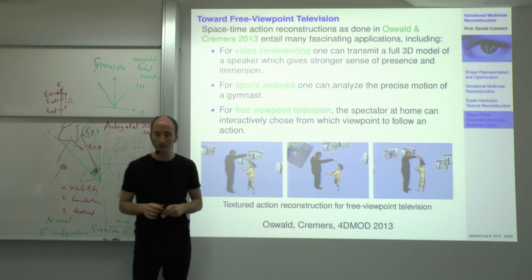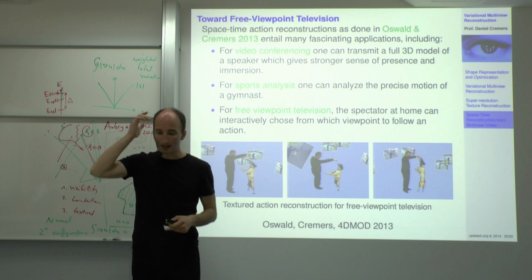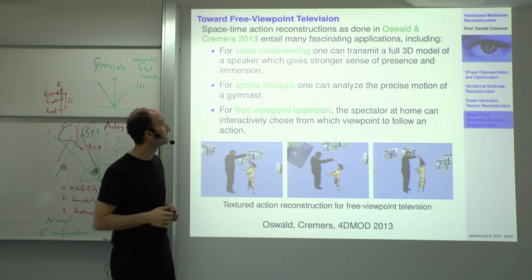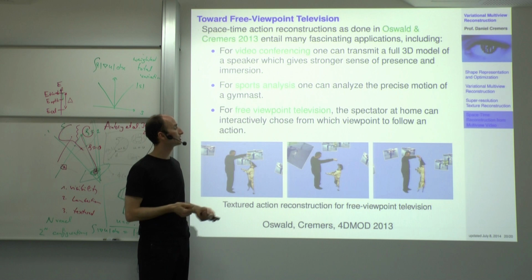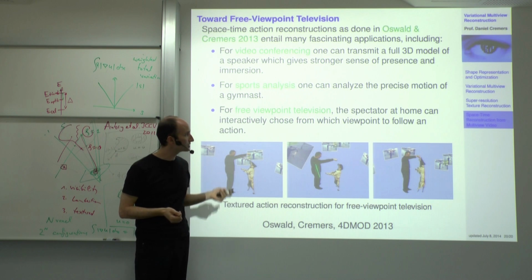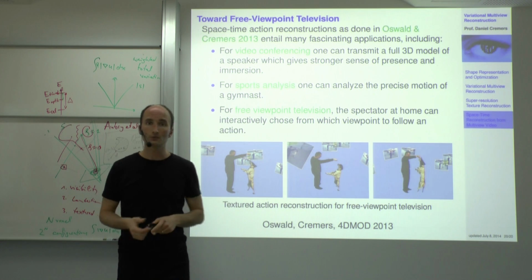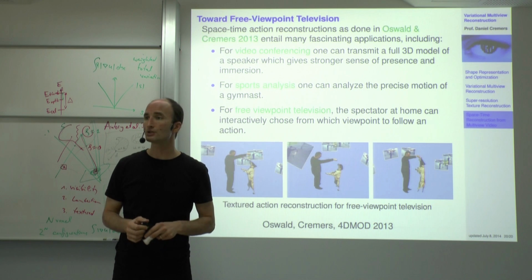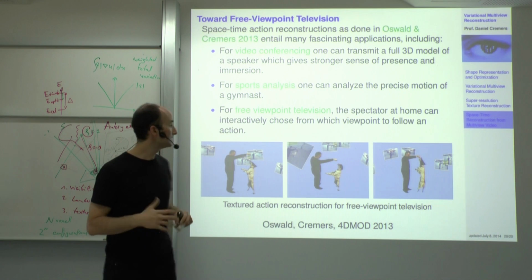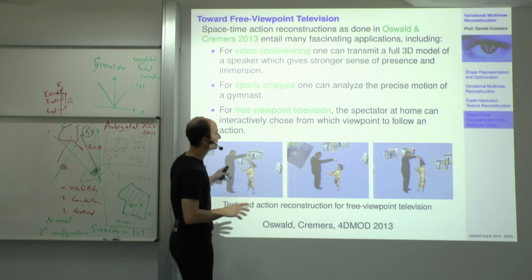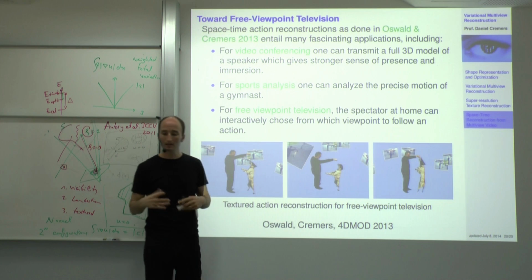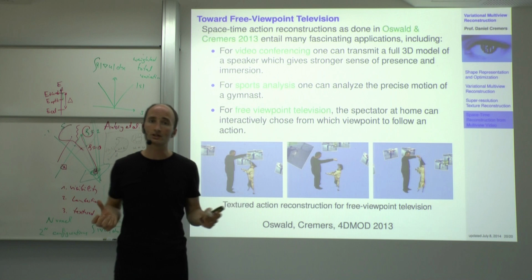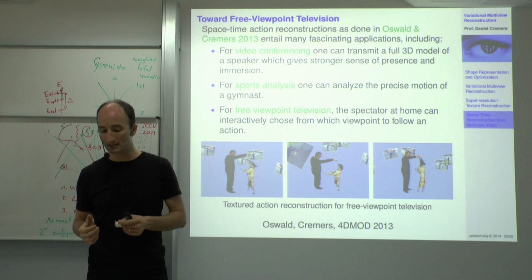Okay, that's all I wanted to talk to you about today in the class on variational methods for multiple view reconstruction in this last chapter, where I showed you that we can use variational techniques to generate dense models of 3D objects seen in multiple images, and even dense models of actions filmed with synchronized cameras.